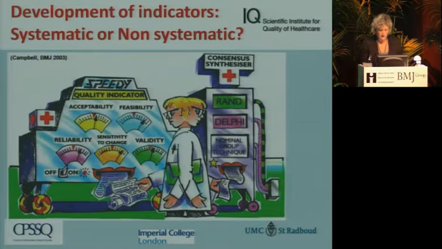Now, what we know is that there are systematic and non-systematic methods to develop indicators. Non-systematic approaches often occur, for example, because certain data are available. This can be very valuable in terms of assessing the quality of care, but little is known.